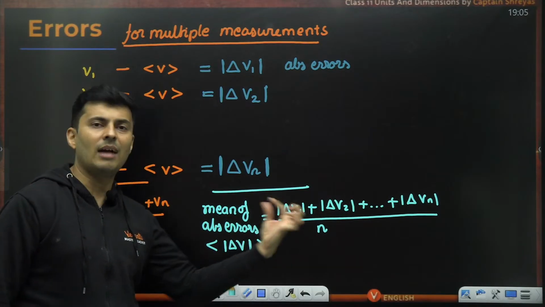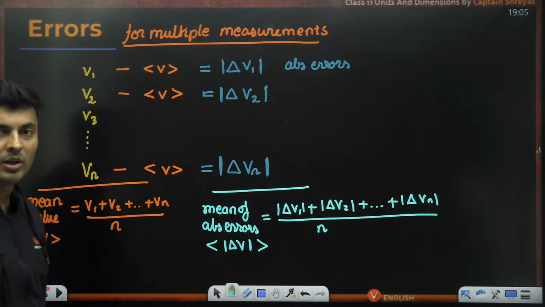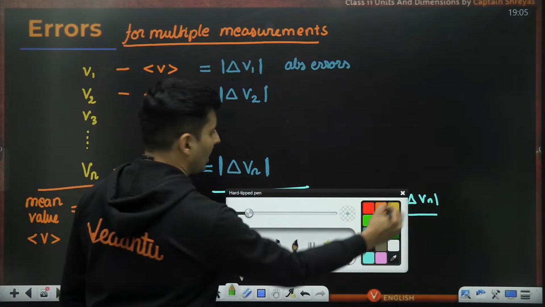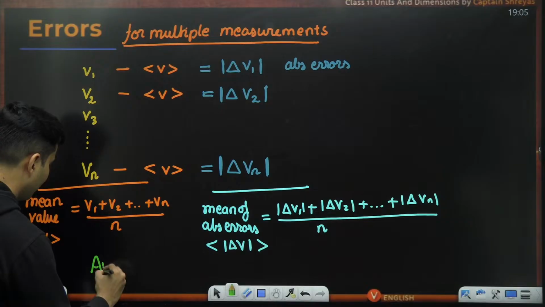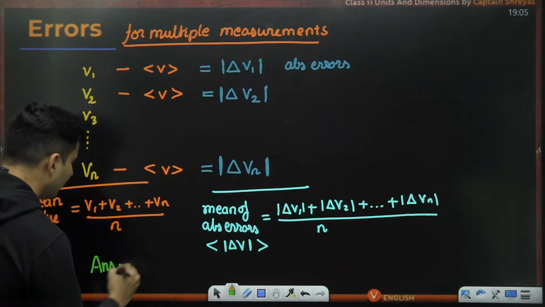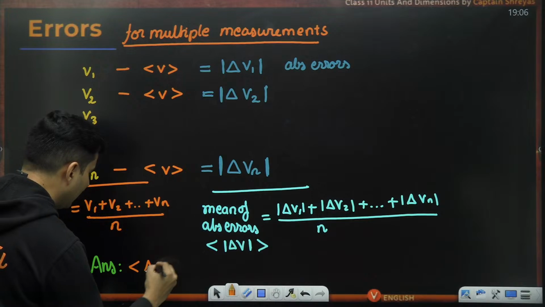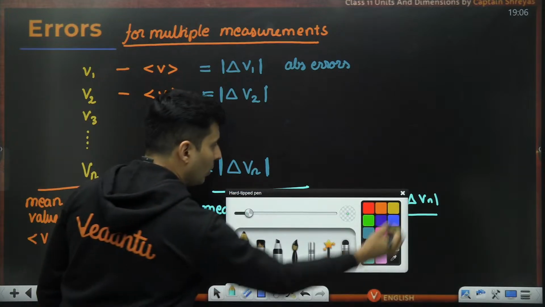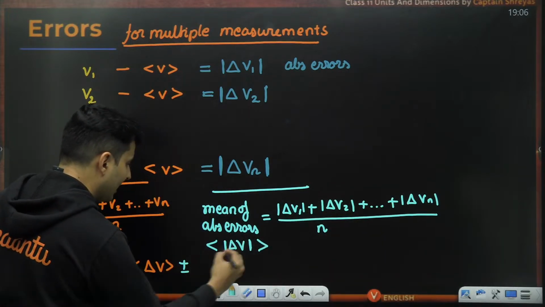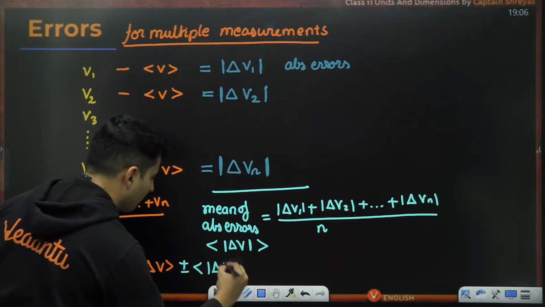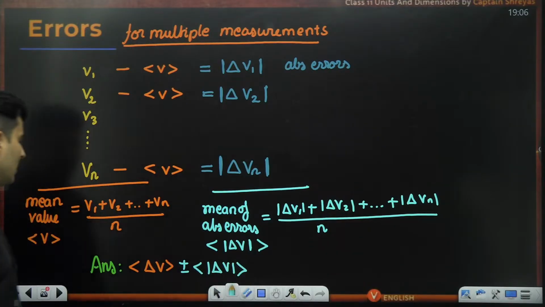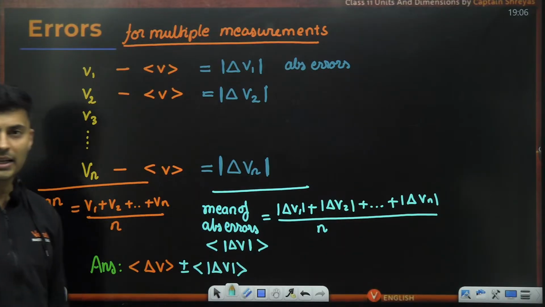Mean of those absolute errors, that will be the symbol for it. That's it. So then our final answer will be this particular mean value, which is nothing but delta V, and then I will put over here plus or minus this particular thing. So that would be our final answer.